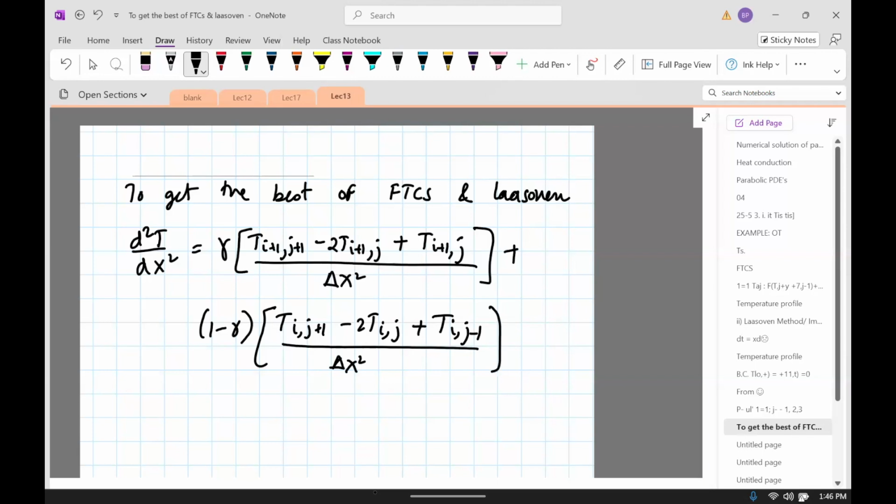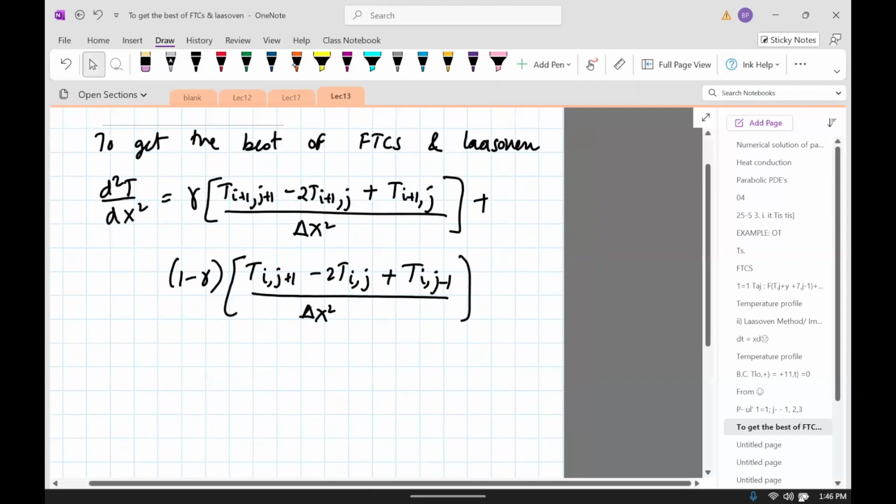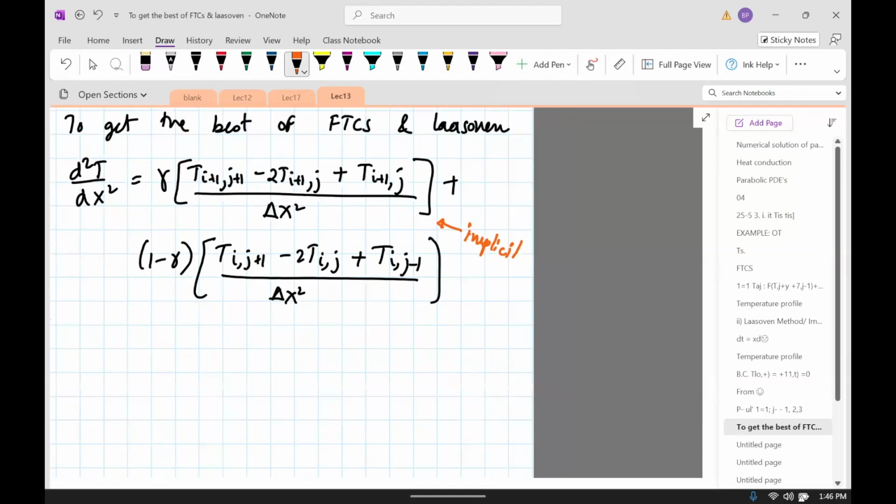The second term here is basically the fully explicit method. Implicit, explicit, and then gamma is the tuning parameter.